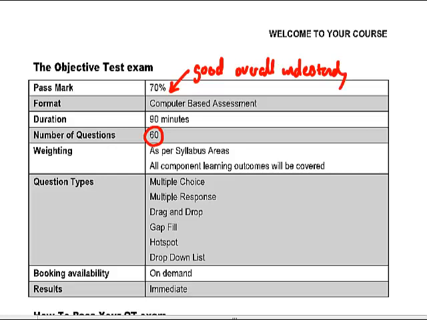And although it might seem like it's good news that you're only having to do objective test questions rather than longer numerical questions, actually at strategic level the questions are very challenging. Not in terms of having to do difficult numbers, but they will test whether you really understand a topic.